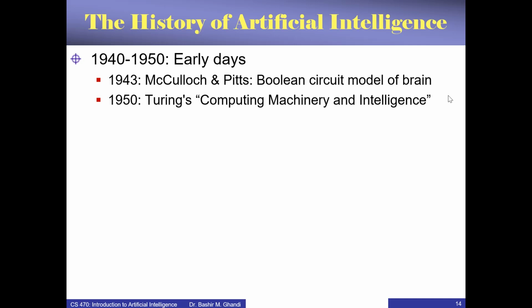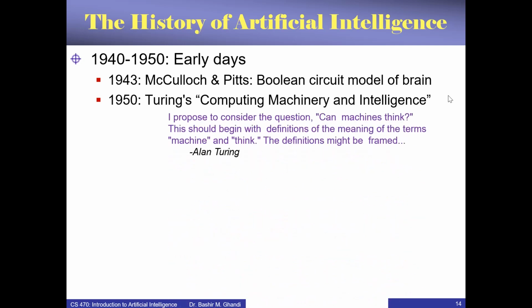Now, part of his lecture reads as follows. He said, "I propose to consider the question, can machines think? This should begin with definition of the meaning of the terms machine and think.